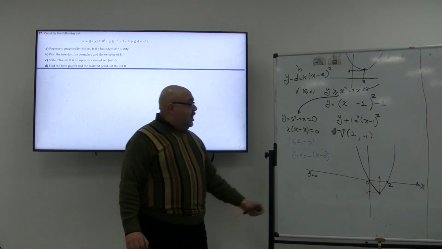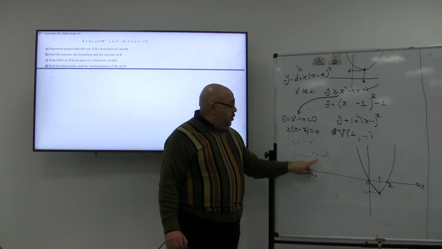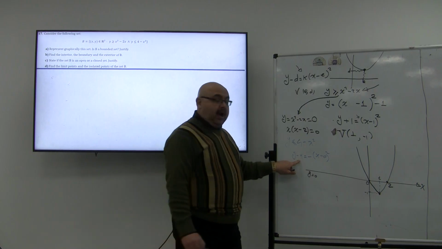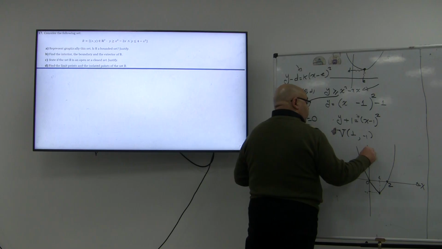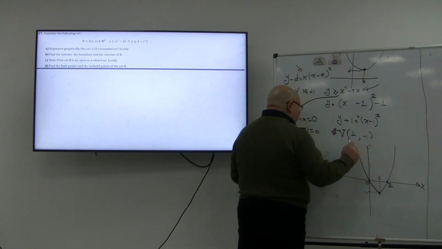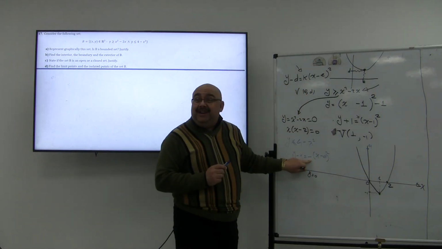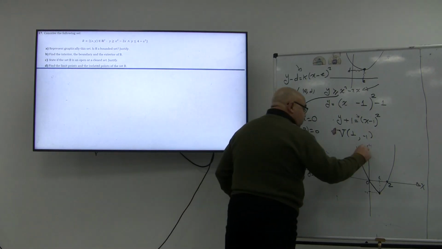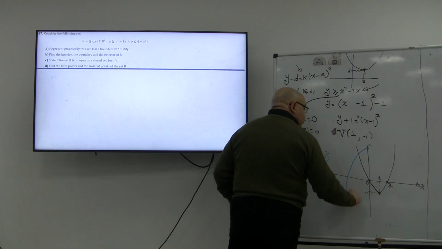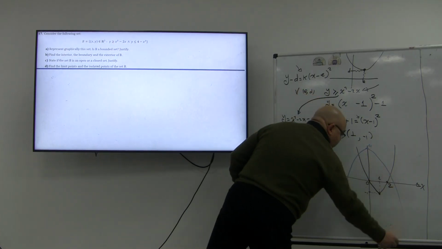The vertex is going to be x at 0 and y at 4. So I will go for x at 0 and y equal to 4. This is y equal to 4. And remark the negative sign, which means your parabola will open downward. So now it will go downward in this manner.